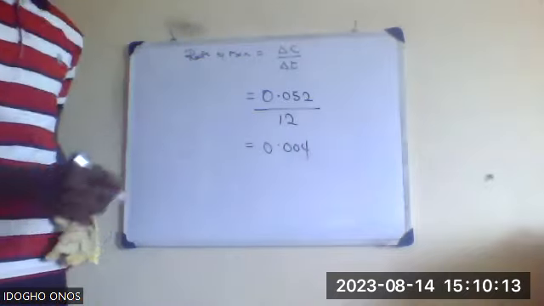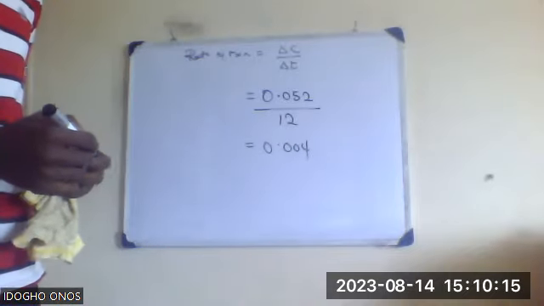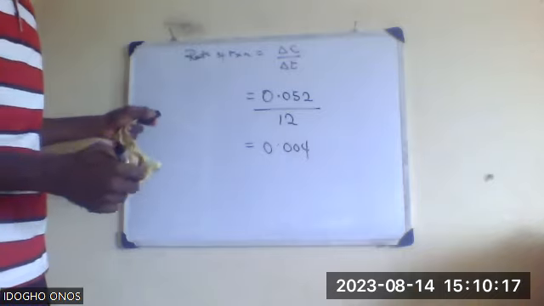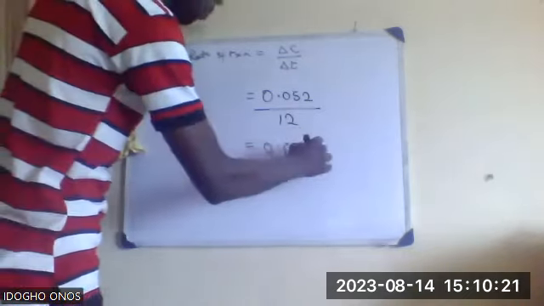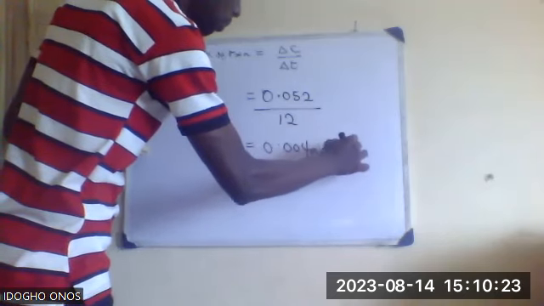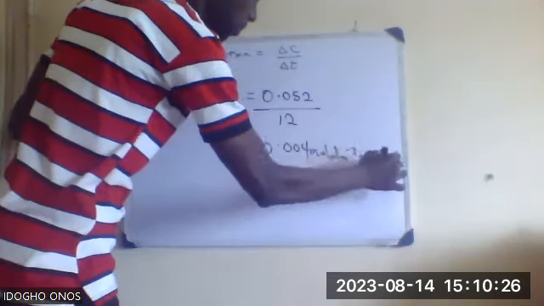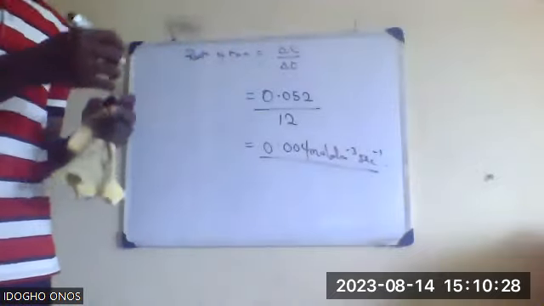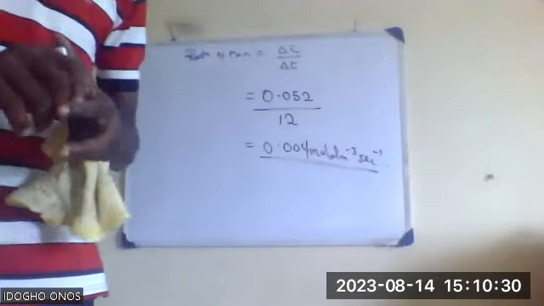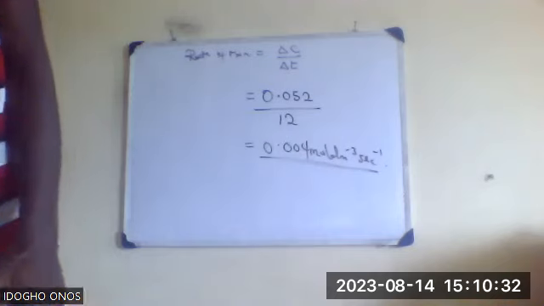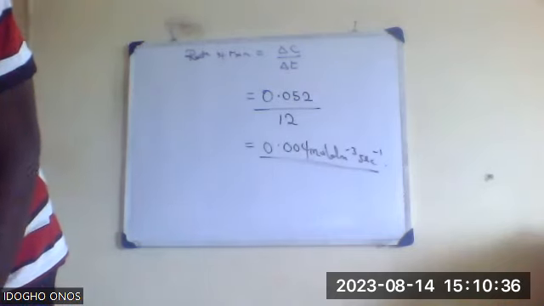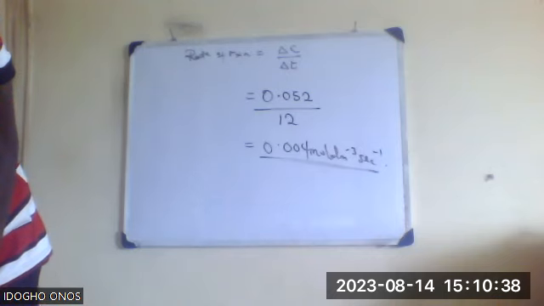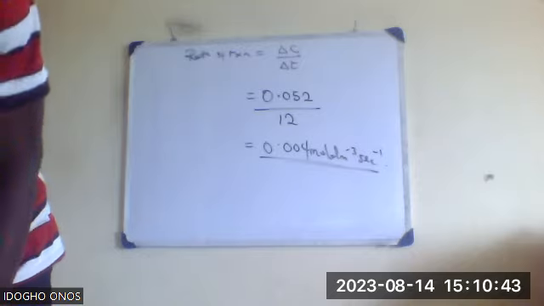I'll leave it at 3 decimal places there. 0.004, units mole dm cube per second. That's the answer. Any issue? No issue. Okay, so we'll move on quickly.